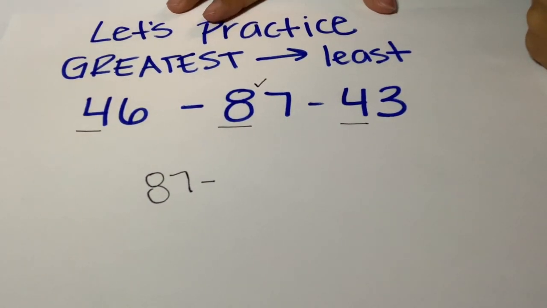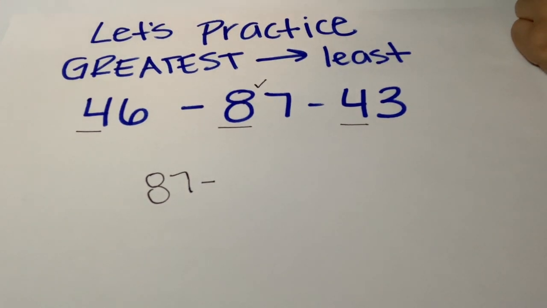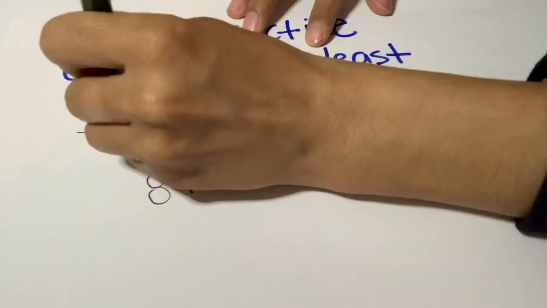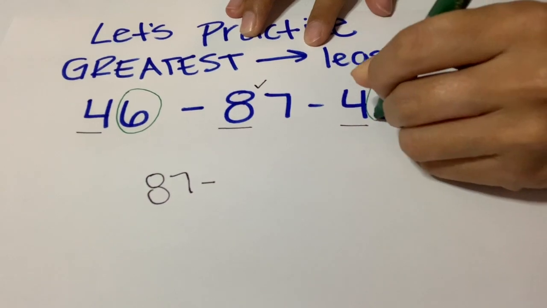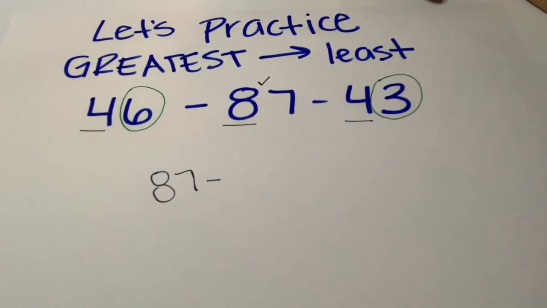Now, if we look at our tens place on our other two numbers, we have a little problem. They are both a 4 in the tens place. So now, remember the strategy that I told you? Look at your ones place. Circle it so you can have a better vision of it.